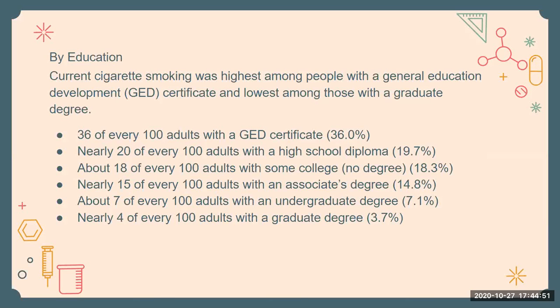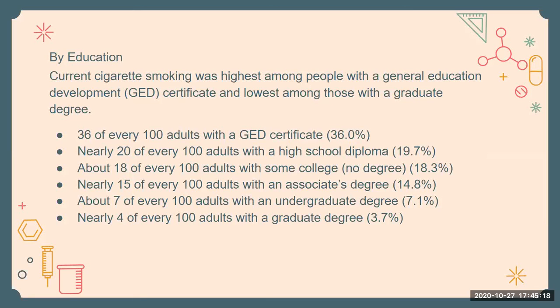By education, current cigarette smoking was highest among people with a general education development, GED certificate, and lowest among those with a graduate degree. 36 of every 100 adults with a GED certificate, 36.0%. Nearly 20 of every 100 adults with a high school diploma, 19.7%.